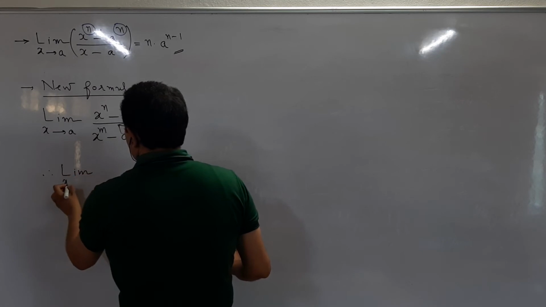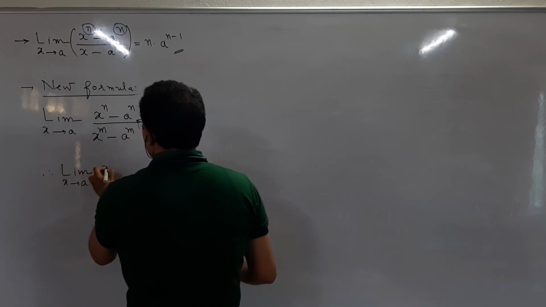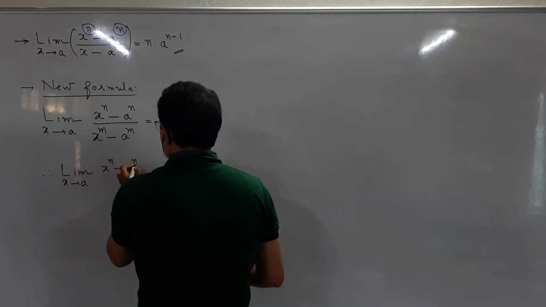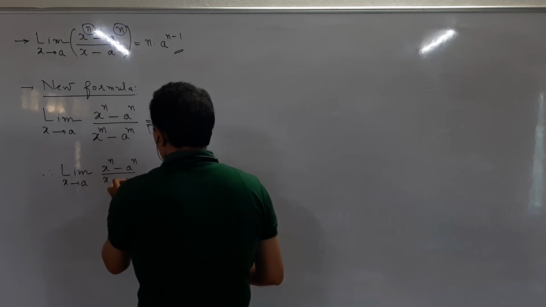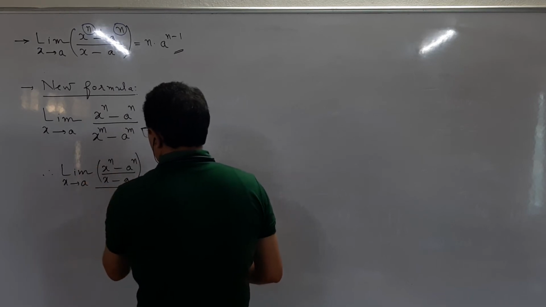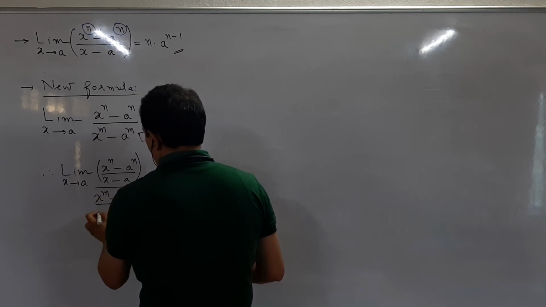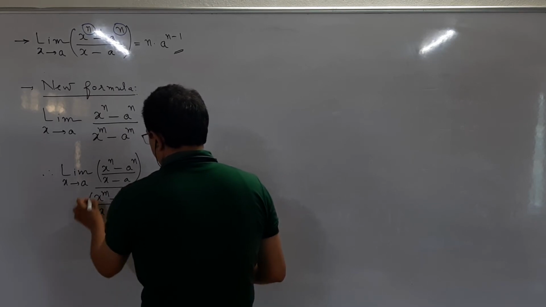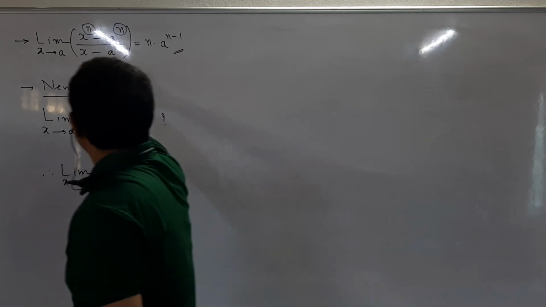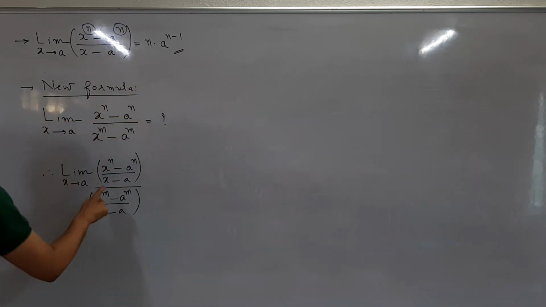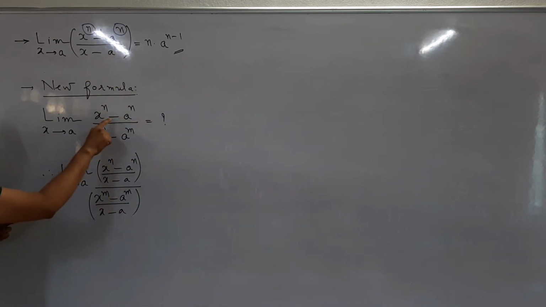Limit x tends to a, x raised to n minus a raised to n upon x minus a. And here I write x raised to n minus a raised to n upon x minus a. To apply this formula, I need x minus a. So I have divided by x minus a in the numerator, and I have divided by x minus a in the denominator.